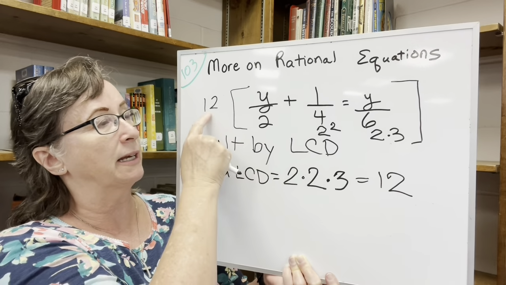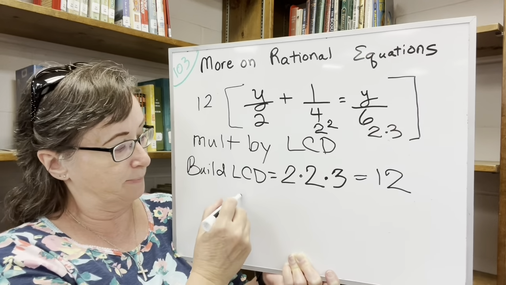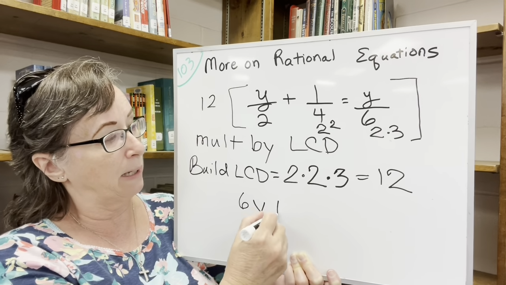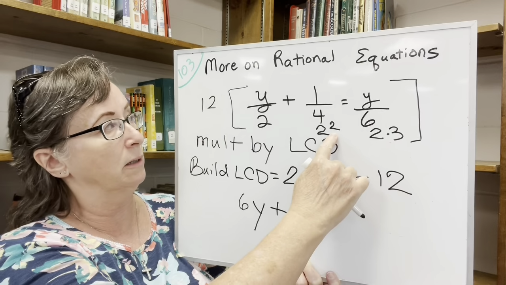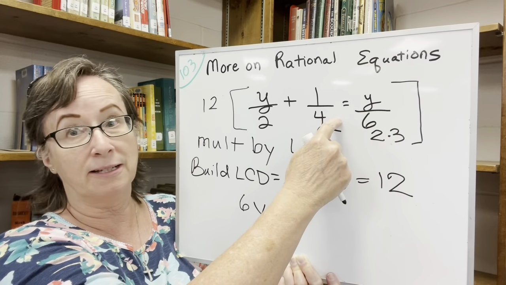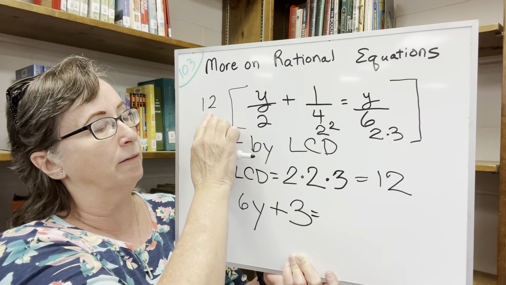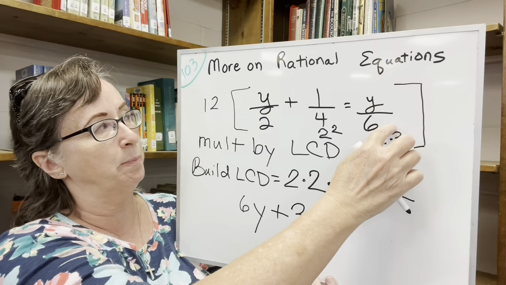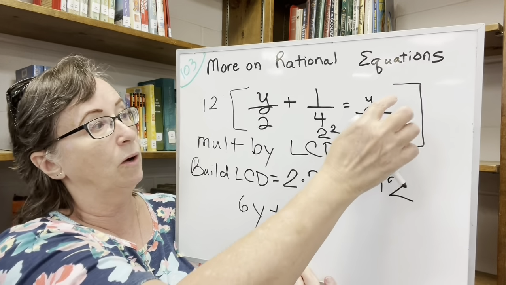The 2 is going to cancel with the 12, leaving a 6y. Plus, now in the denominator I have a 4. 12 times 1/4 is 3. So we put the 3. 12 times y divided by 6. The 12 and the 6 will divide, giving a 2y.